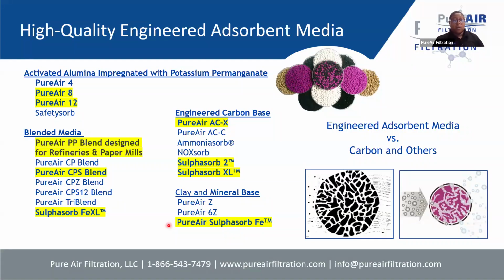For a lot of our wastewater treatment plant applications, we'll use a combination of our CPS blend and our Self-Absorbed XL. For our pulp and paper mill customers, we usually recommend our pulp and paper blend, our PP blend. All of these are non-hazardous when spent, and again, go through a chemiabsorption process.